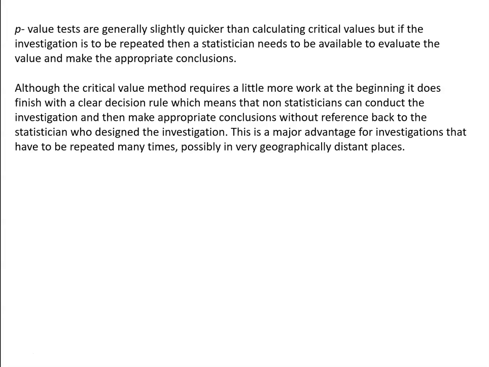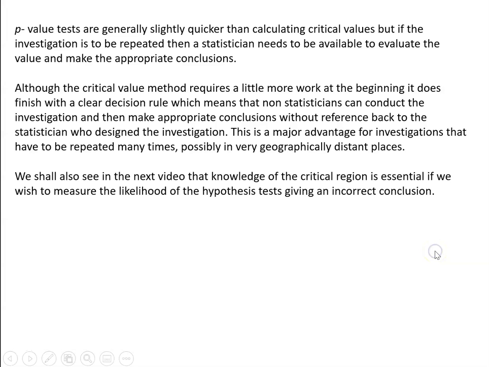And this is certainly a major advantage for investigations that may have to be repeated many times and possibly in very different geographical places. And in the next video, we're going to see that knowledge of the critical region is important if we wish to measure the likelihood of making an incorrect conclusion from our hypothesis test.